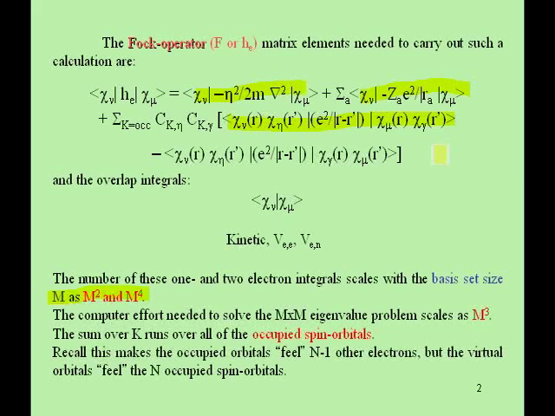So if you had 100 basis functions, there would be 100 to the fourth of these so-called two-electron integrals. And that's one of the biggest numerical problems that we face in Hartree-Fock calculations: the difficulty in doing our work tends to scale as the fourth power of the number of functions that we use in our calculation.